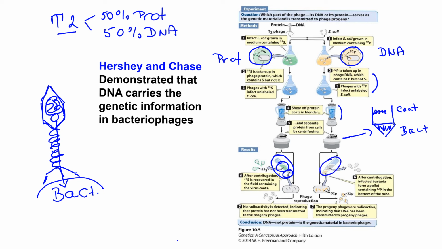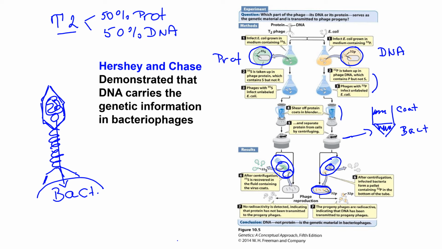Not only that, bacteria were infected with bacteriophages and produced new progeny, and what they found out was that a lot of the progeny carried radioactive P32.